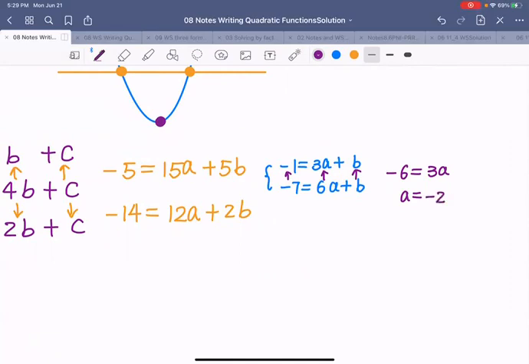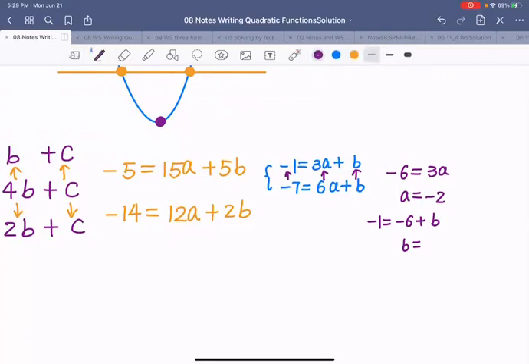Very good. When a is negative 2, how much is b? We will plug in. Negative 1 equals 3 times negative 2. How much? It's negative 6 plus b. b equals 5.